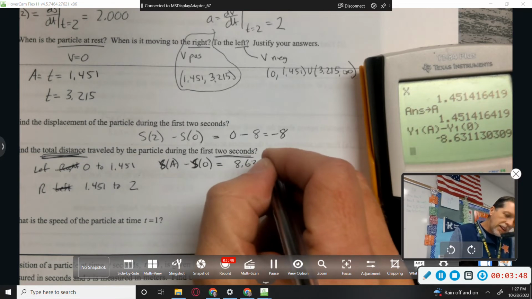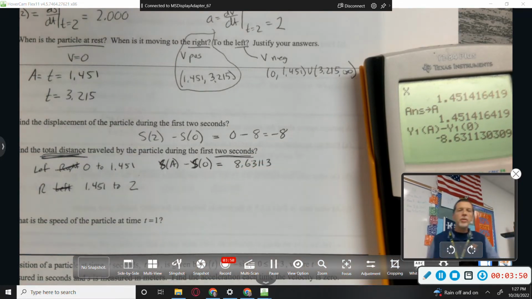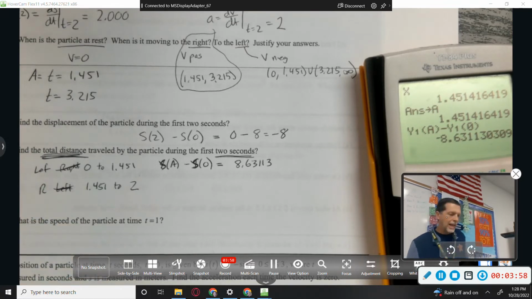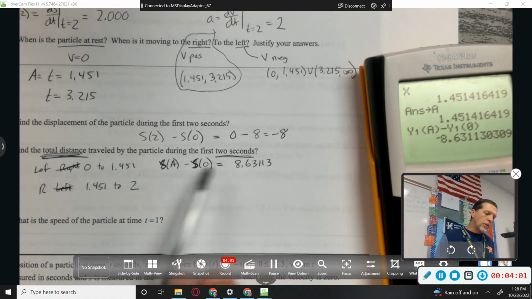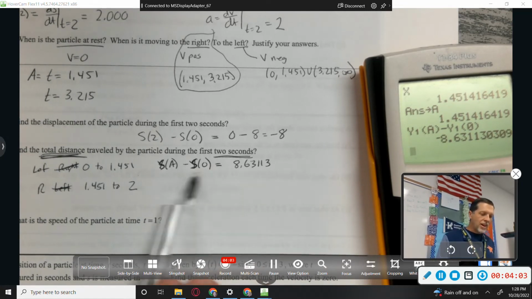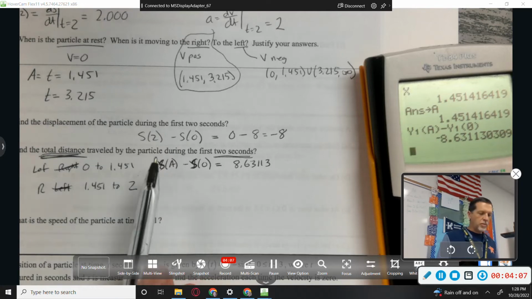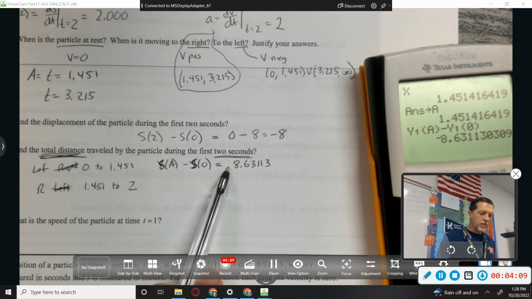And since I need to be accurate to 3 decimals, I better write down more than 3 decimals. And here's what will get people. What I've written is not technically true, because position at A minus position of 0 was negative.